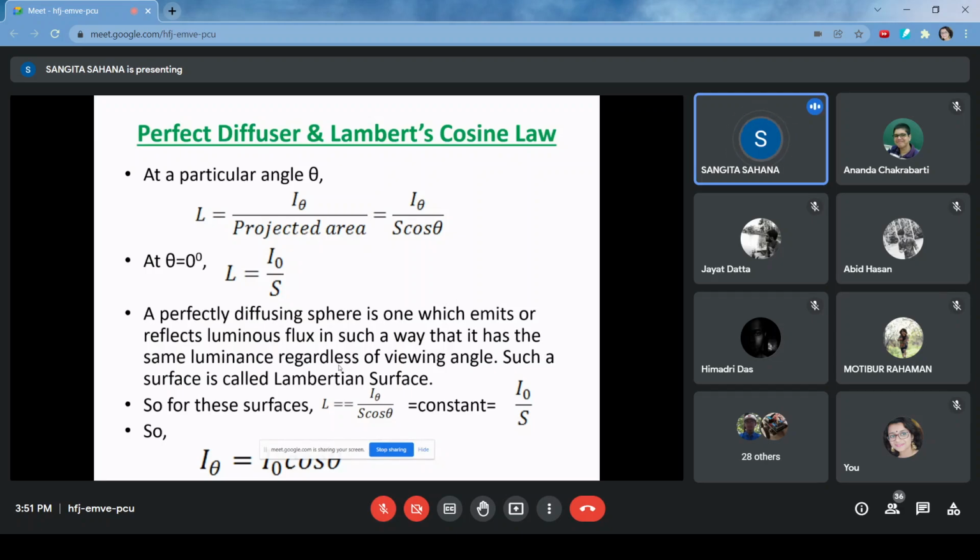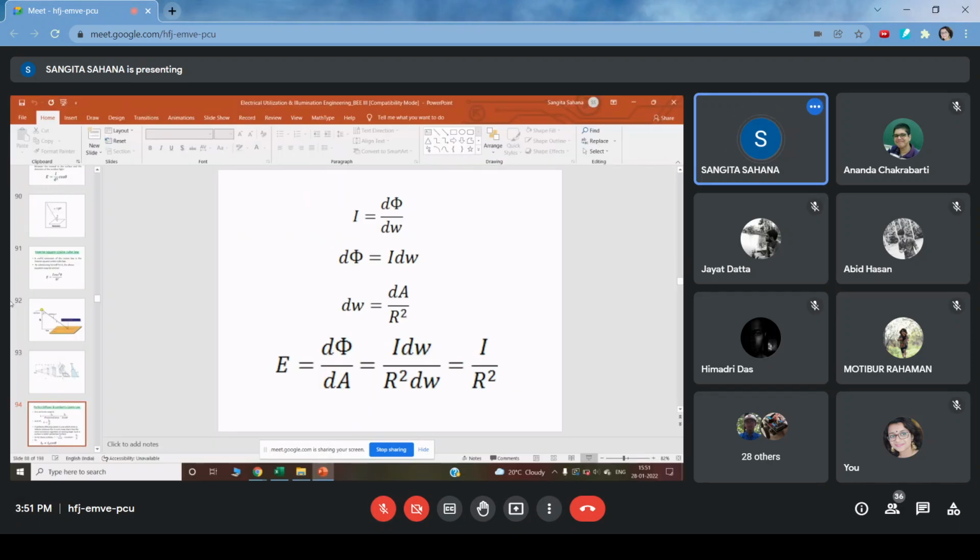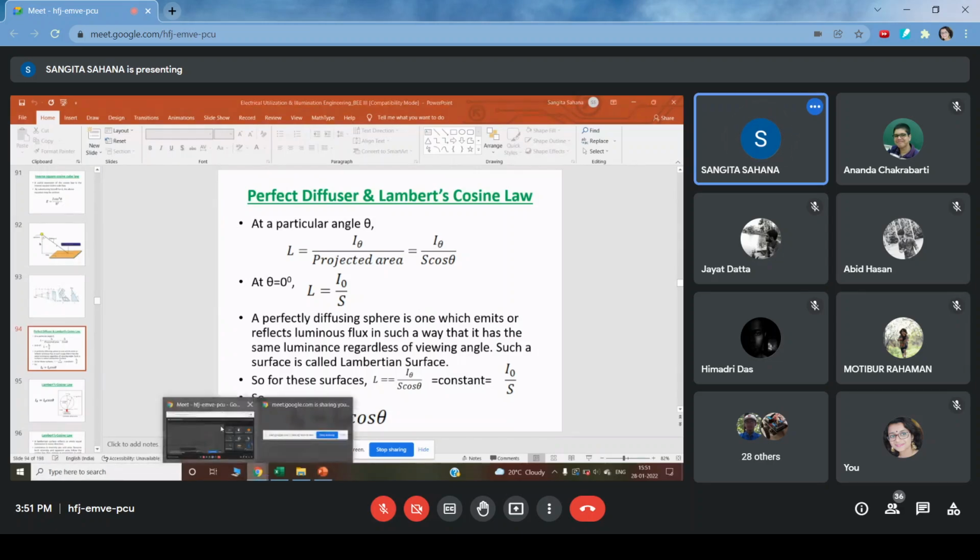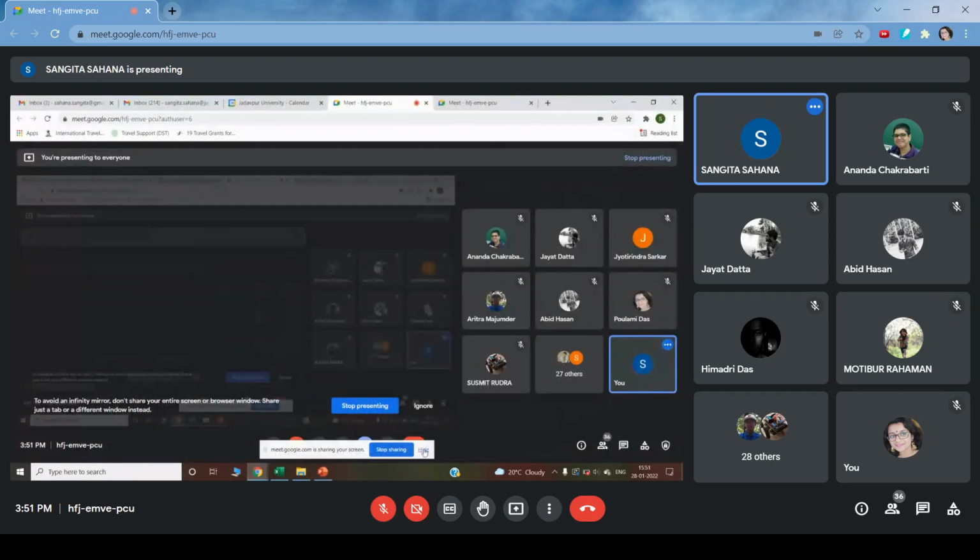So a Lambertian surface emits luminous flux in such a way that it has the same luminance regardless of viewing angle. I don't know whether you remember luminous flux or luminance, but just for your information, luminous flux is the total light output of any source.